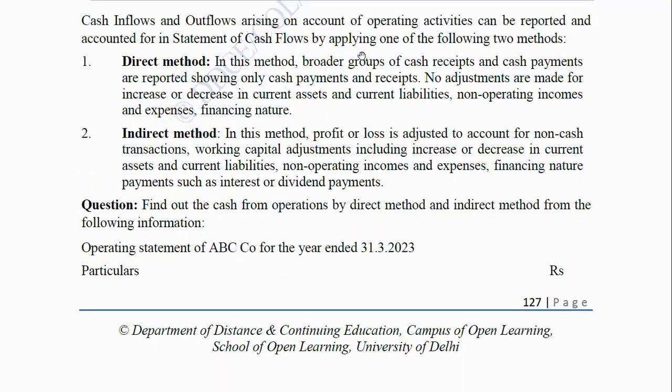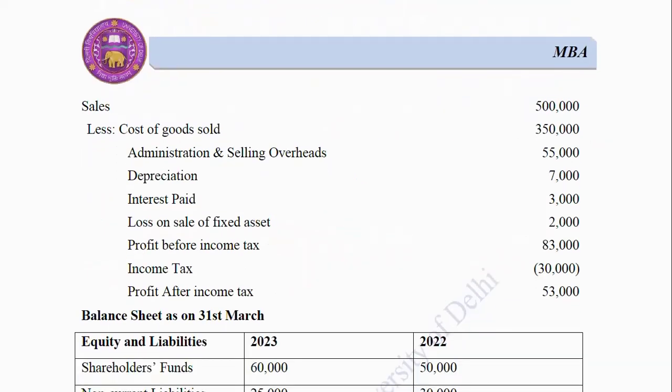Question. Find out the cash flow from operations by direct method and indirect method from the following information. Operating statement of ABC company for the year ended 31st March 2022 is given below. Particulars and amounts in the column.